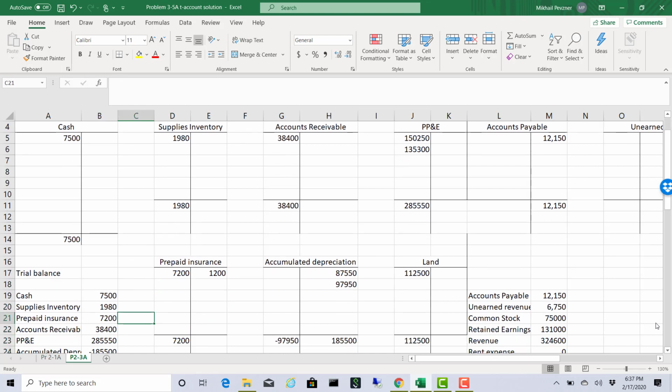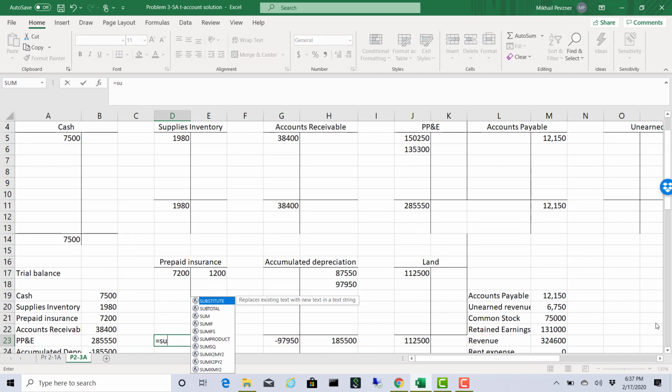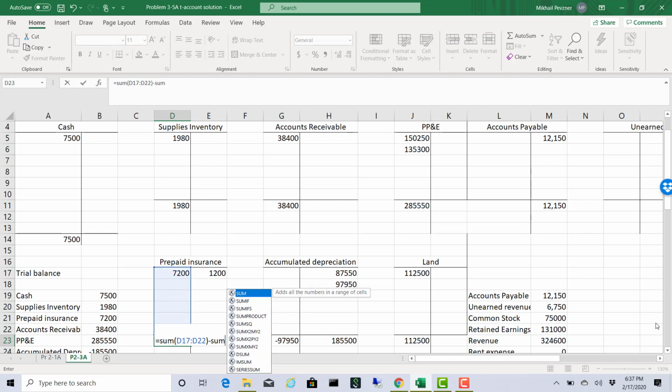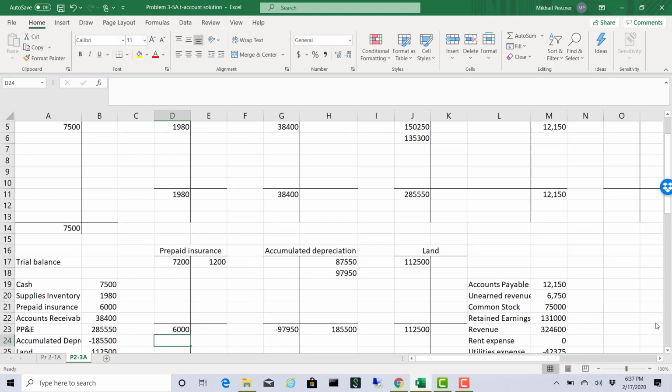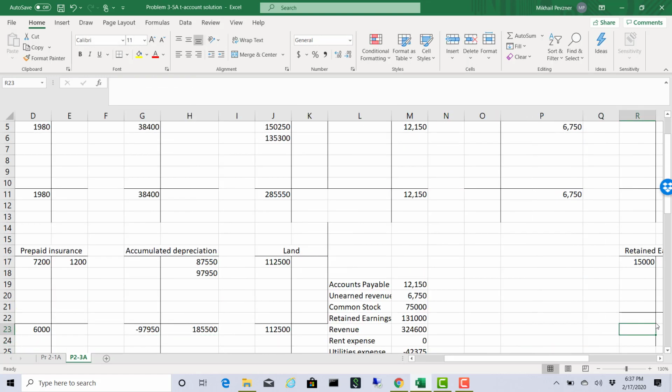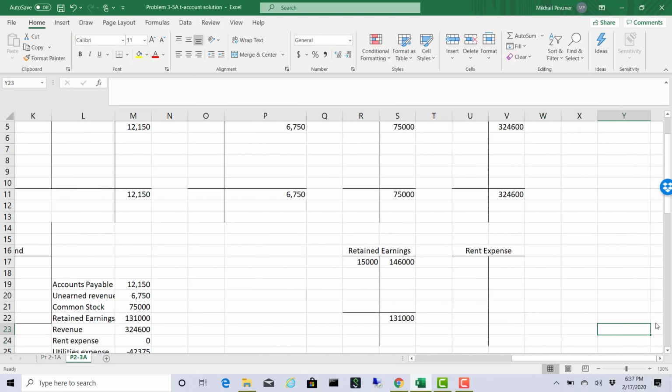Okay, and this is what I don't like about T accounts. You have to make sure my formula is right, the sum of this minus the sum of this. So this becomes 6,000, and I debit insurance expense.